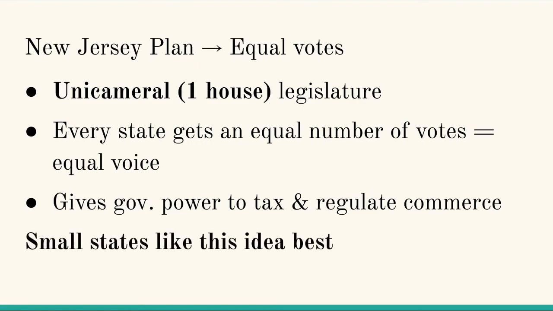Small states, in terms of population, like this idea the best because they think it's more equal. They're more likely to have a fair say in the legislative process than bigger population states, who would get more votes if they just went with the Virginia plan.